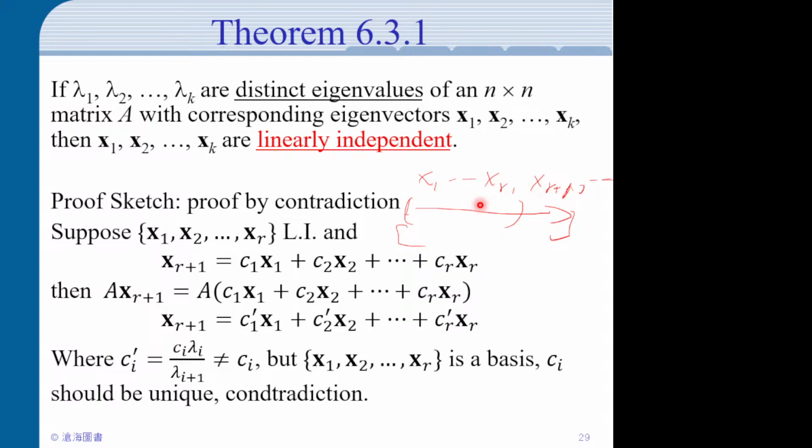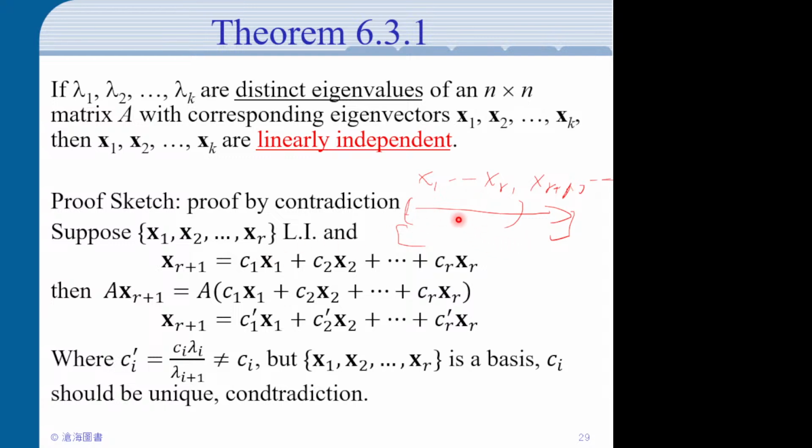So we can write x_{r+1} as a linear combination of x1 to xr, and x1 to xr are linearly independent. So this expression should be unique, because x1 to xr are linearly independent, so they are a basis for whatever space they span.